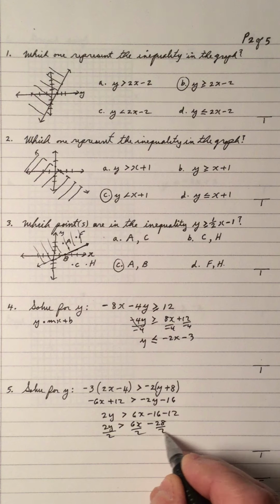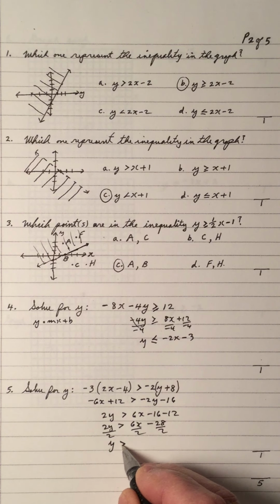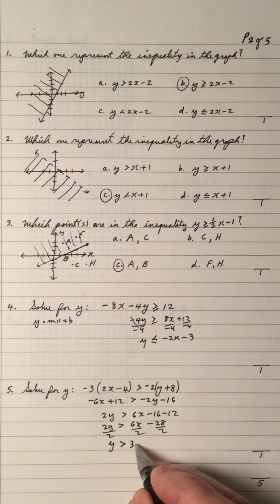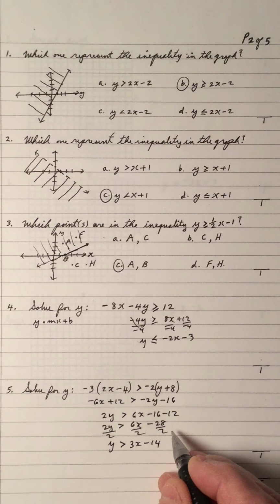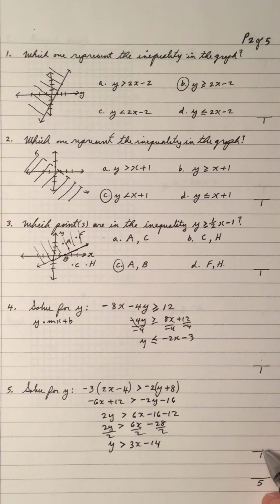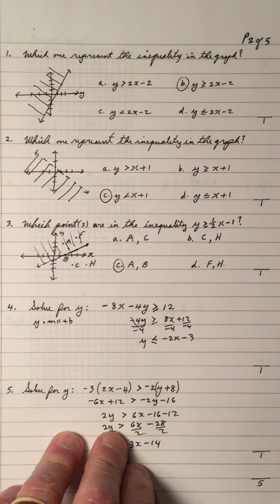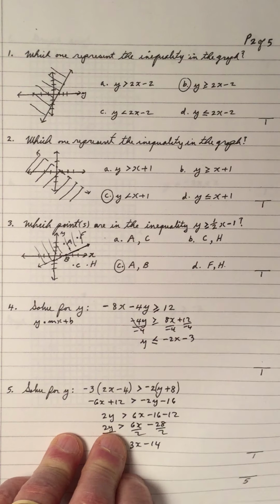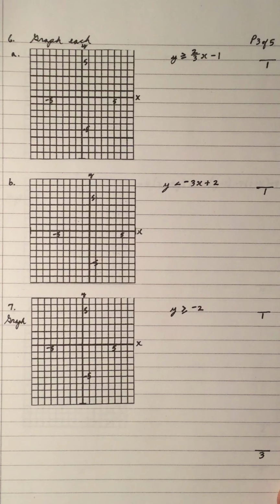Divide by 2. So y, and dividing by a positive number doesn't change. Greater than stays greater than 3x minus 14. And give yourself a mark. And there's 5 total for that page if you have them all right.